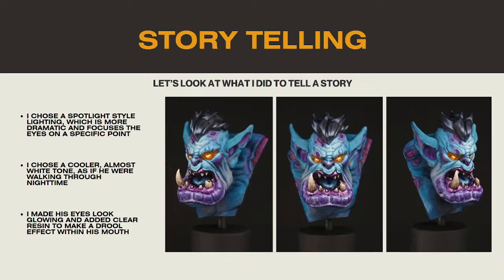Then I chose a cooler tone, almost white, for the color temperature, because he's walking through at nighttime. We're not going to see yellows in the actual light. It's more moonlight, so it's cooler, closer to white tones.